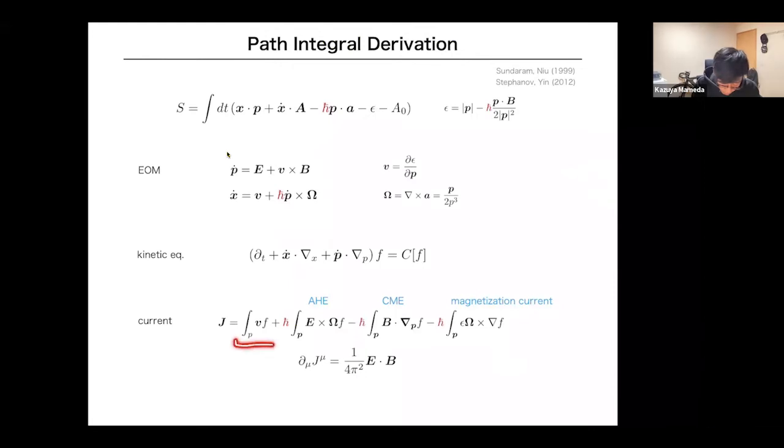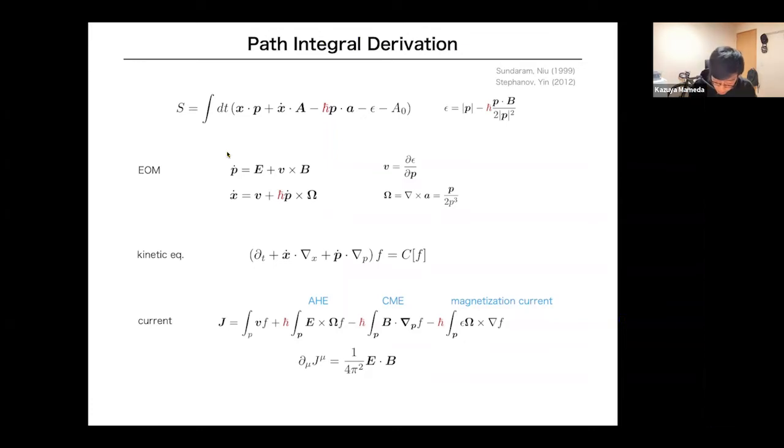On top of the usual current, we have some extra terms. The first one corresponds to the anomalous Hall effect, which is given by the electric field cross the Berry curvature. The second term corresponds to the chiral magnetic current, and the third term corresponds to the magnetization current.